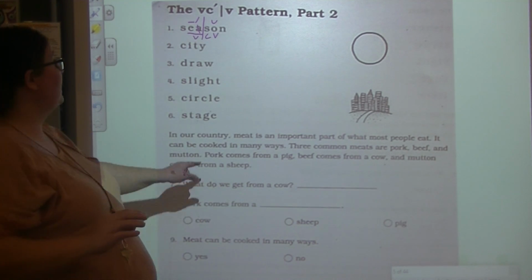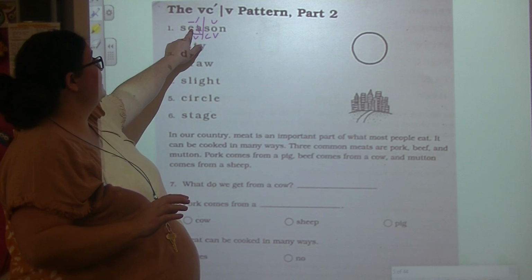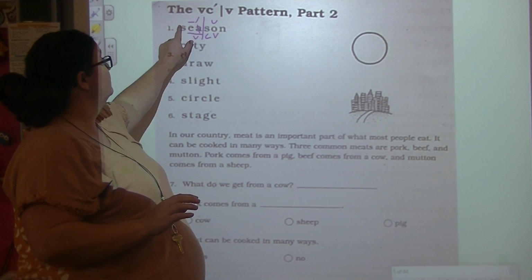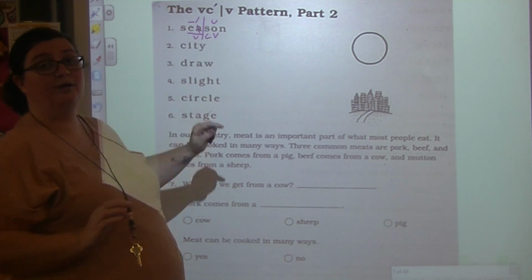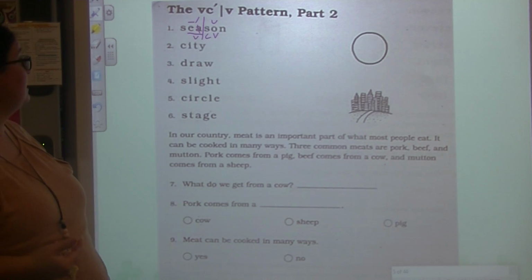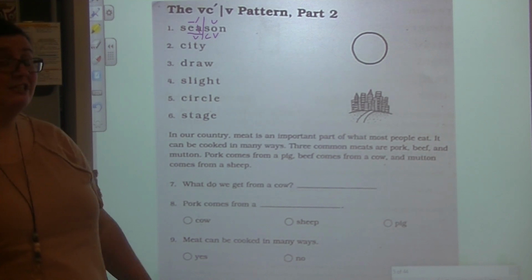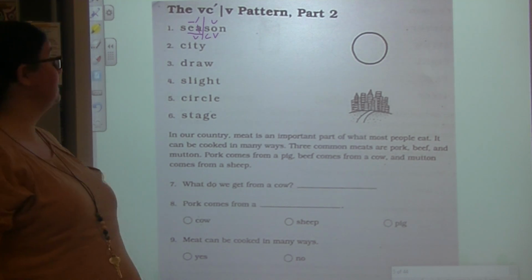Now let's sound it out. Season. What word? Season. We are almost to a new season. It is close to spring. Season.